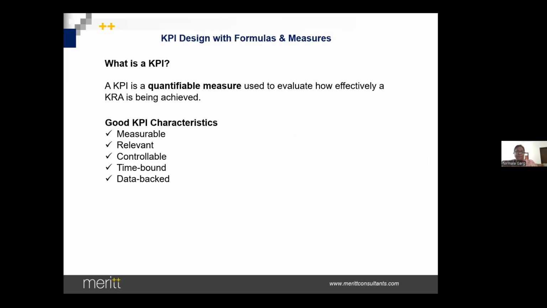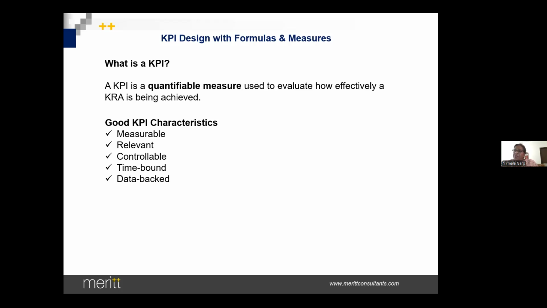But what are some of the characteristics of a good measure? Measures have to be quantifiable. Something gets managed only when it is measured, right?